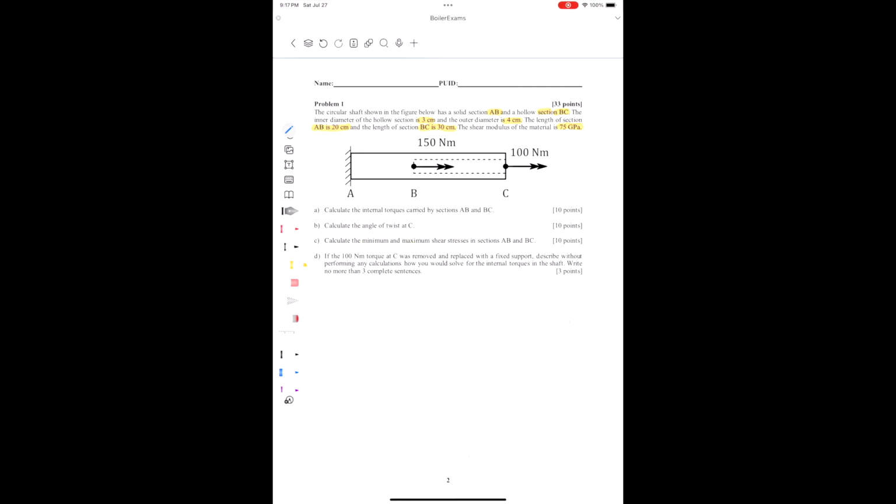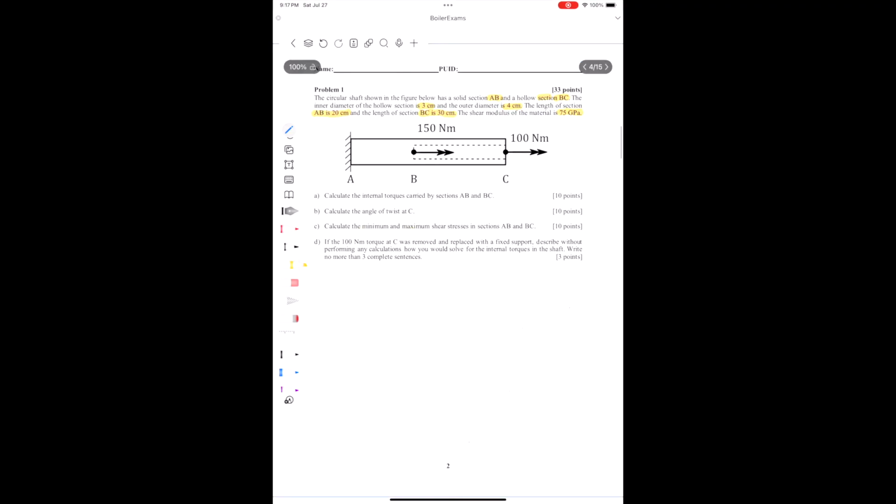So let's go ahead and start by calculating our internal torques. And to do that, we're going to draw our free body diagram. So let's go ahead and do the free body diagram of the rod as a whole first. We'll just label that.